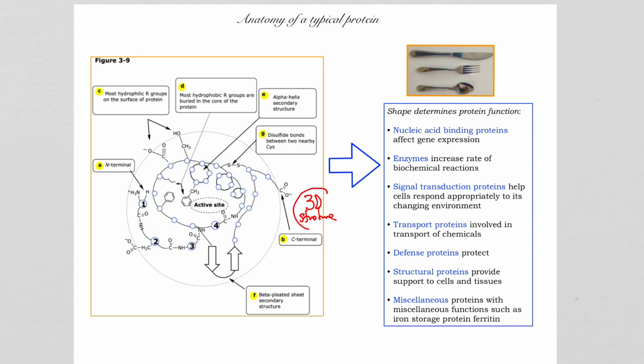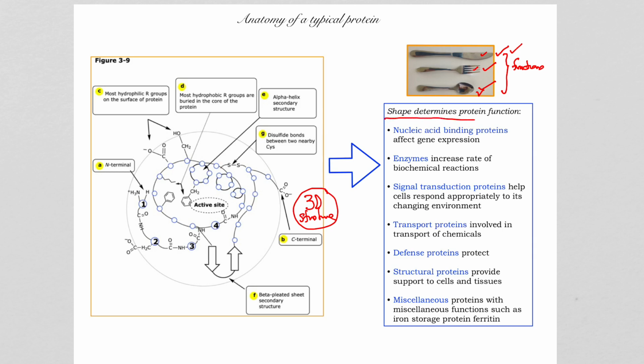And these different proteins will have different 3D structures. Just like your knife has a certain structure, the fork has a certain structure, the spoon has a certain structure, and these structures will give you different functions. Okay, so the knife is really good for cutting, but it's not very good for eating your noodles or your spaghetti. While your spoon might be good for drinking soup, but you can't do that with your fork or your knife.